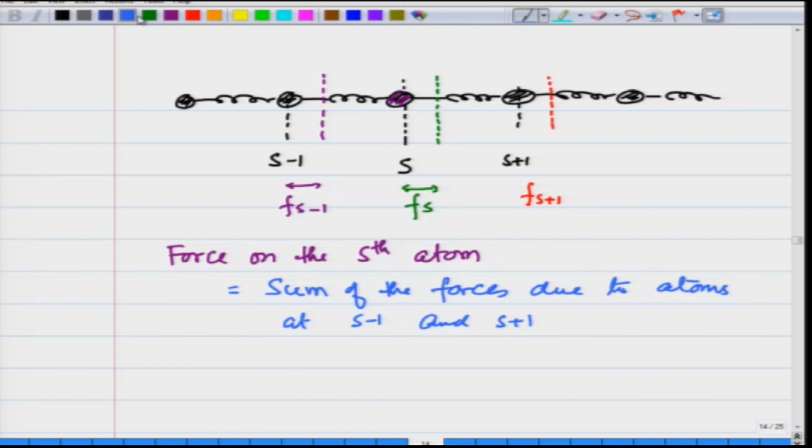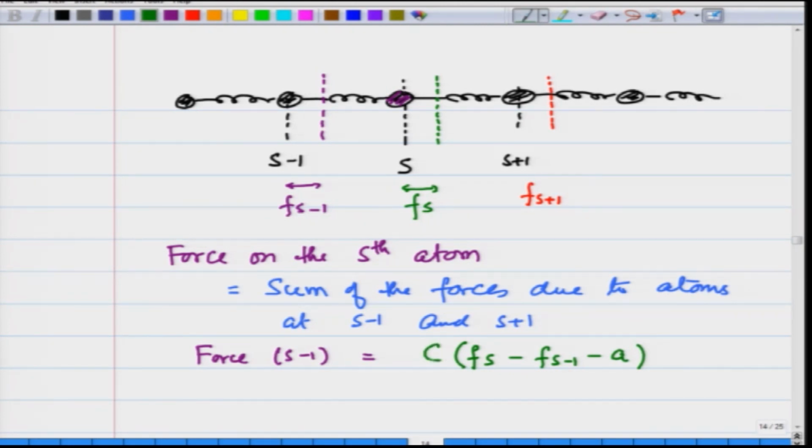Now, what about the force due to S minus 1? So, let us calculate force due to S minus 1. It is going to be proportional to Fs minus Fs minus 1, and you may want to subtract A, and there is some constant.